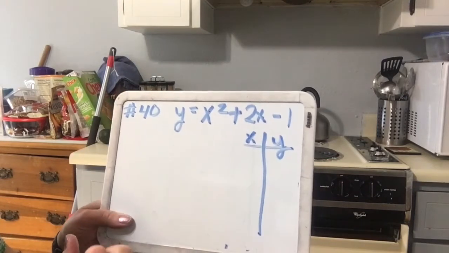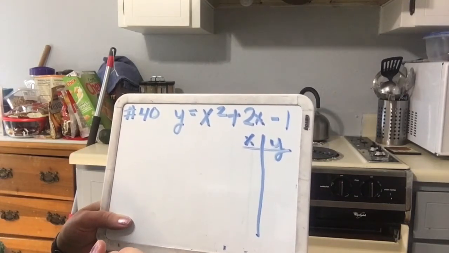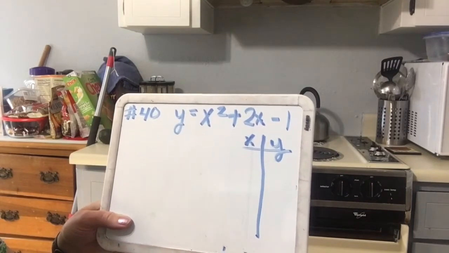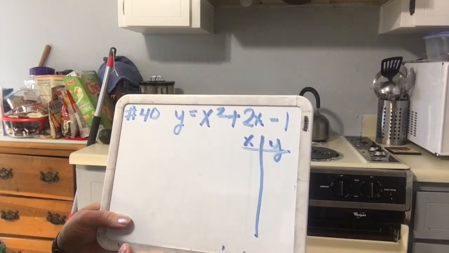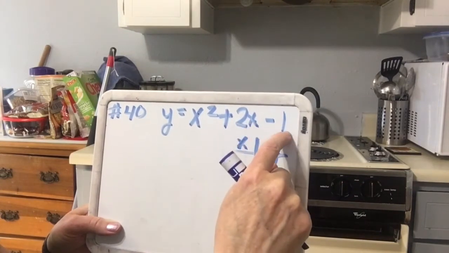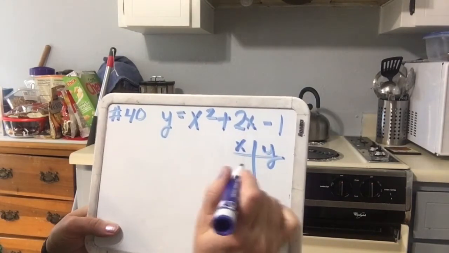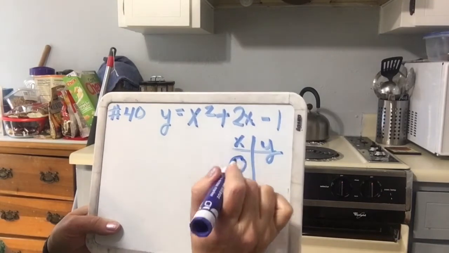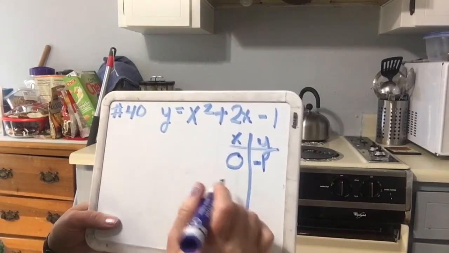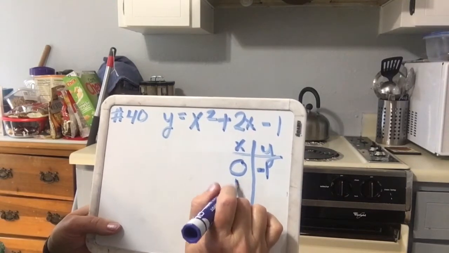Okay, and this is always going to be easiest to find what happens when x is 0. When x is 0, I get my y-intercept. So let's let that be our first point. When x is 0, this one goes out and this one goes out, and I'm left with y is negative 1. So when x is 0, y is negative 1. So there's 1 point. So now we're going to plug in x is 1.